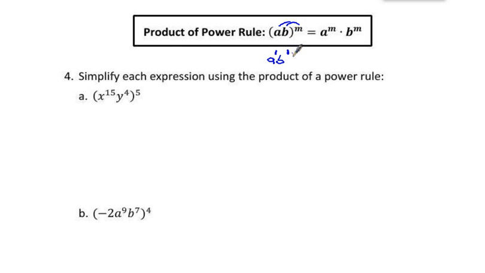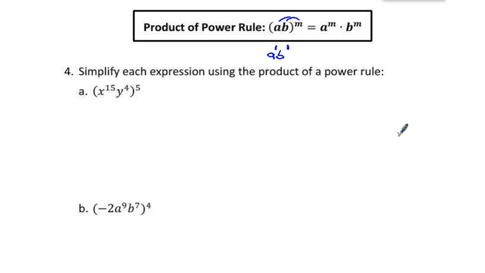So m times 1 and m times 1 was a to the m and b to the m, final answer. It was not m times a and m times b. This you will see in example B, maybe more so, where folks can sometimes run into some issues.